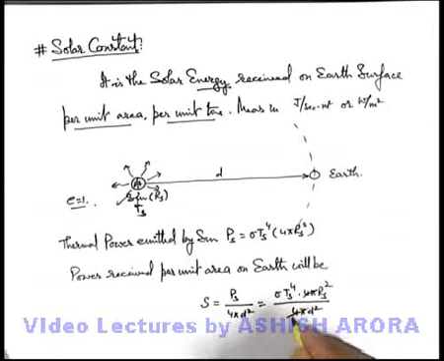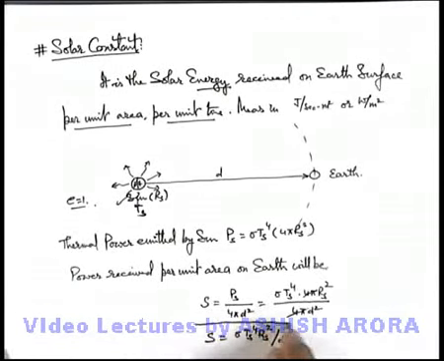Here this 4 pi gets cancelled out. The value of the solar constant we can write as sigma Ts to power 4 Rs square divided by d square. So I would advise you to keep this expression for the solar constant in your tips, and there are many numerical applications based on the solar constant that you will also encounter.